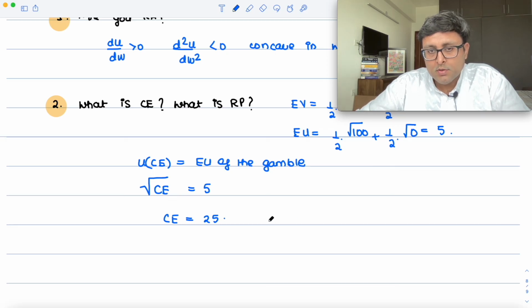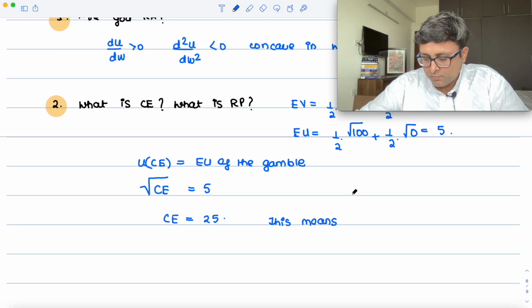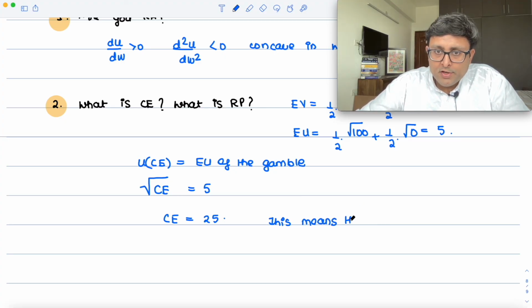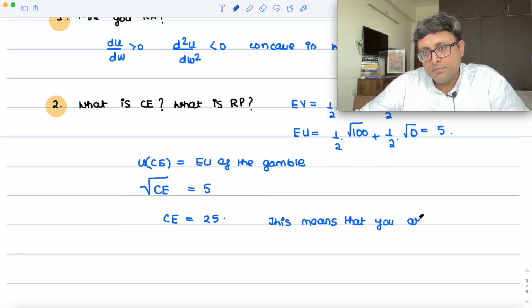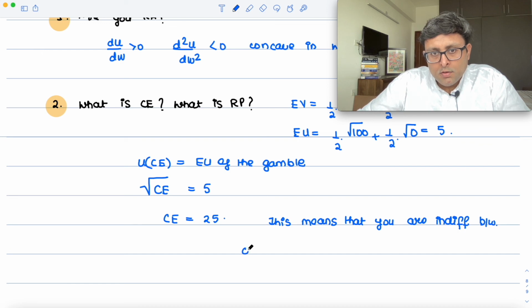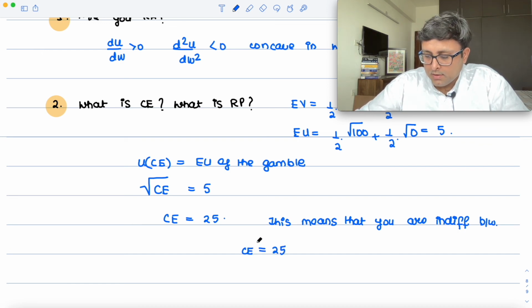This means that you are indifferent between having certainty equivalence of $25 with no risk.